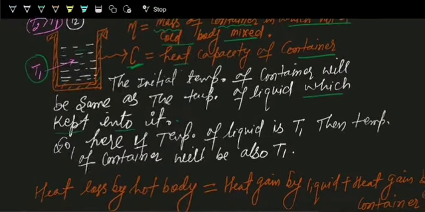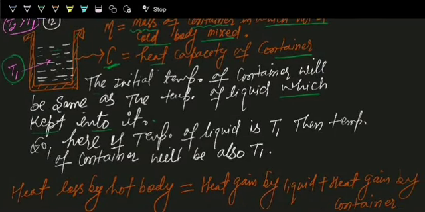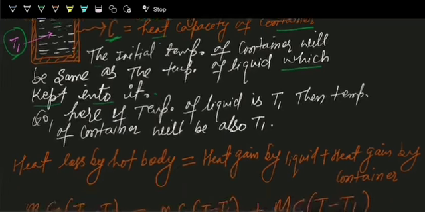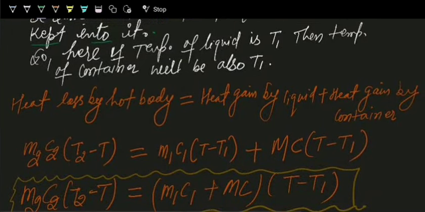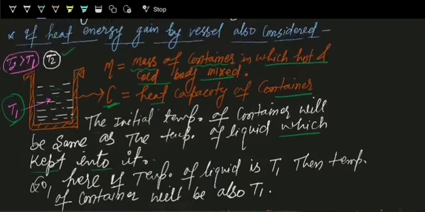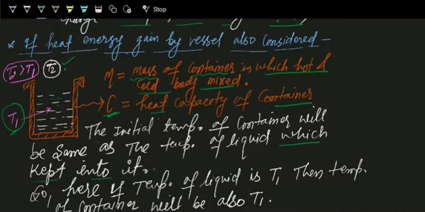So in this case, suppose our liquid is at temperature T1, so our container is also at temperature T1, and that is the initial temperature of the container. Now we again use the principle of calorimetry. According to the principle of calorimetry, in this case the metal ball is going to lose heat, and the container and liquid both are going to absorb the heat lost by this metal ball.